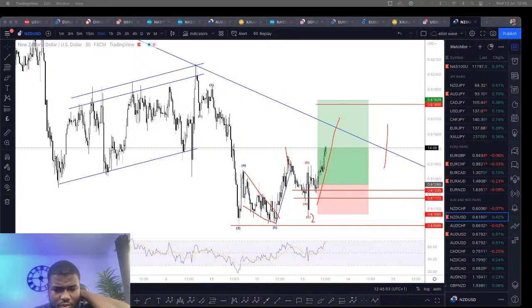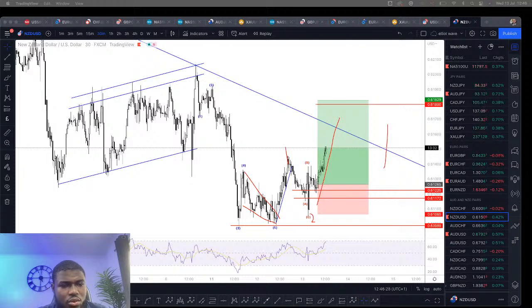Currently, let me see how many pips New Zealand USD alone is giving us, to check how many pips we are making right now.